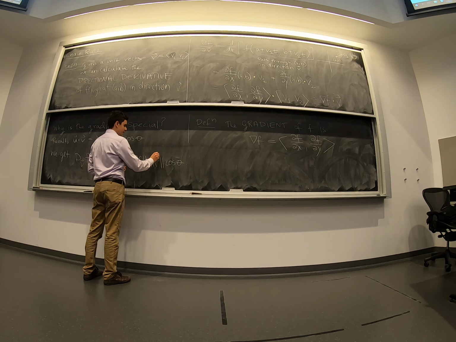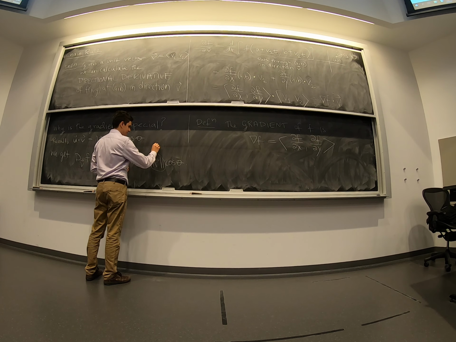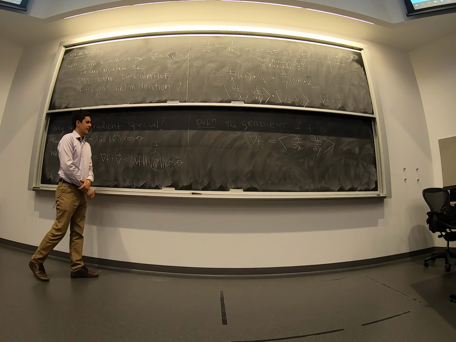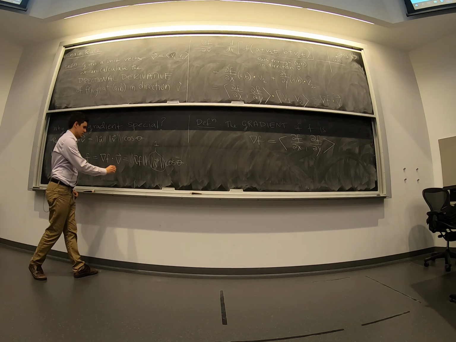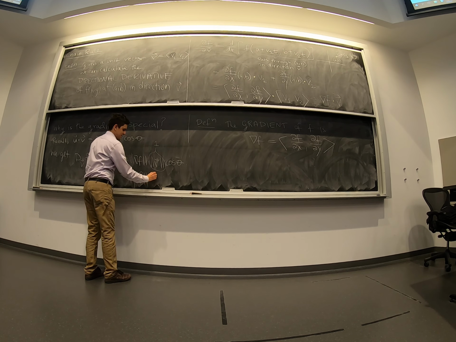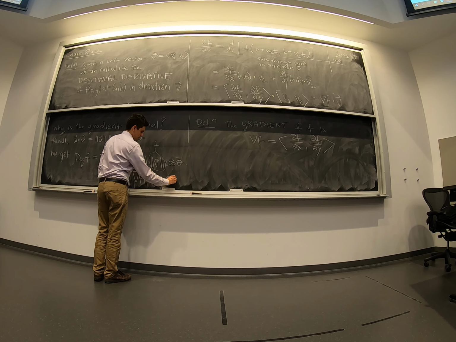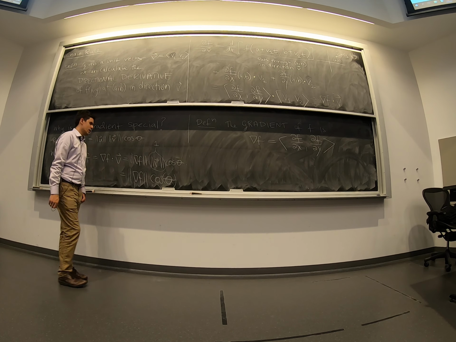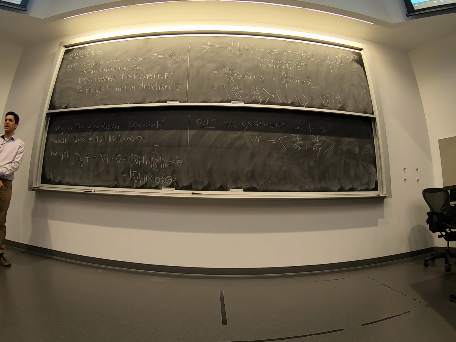So this guy has total length 1. We get gradient of f times cos theta.